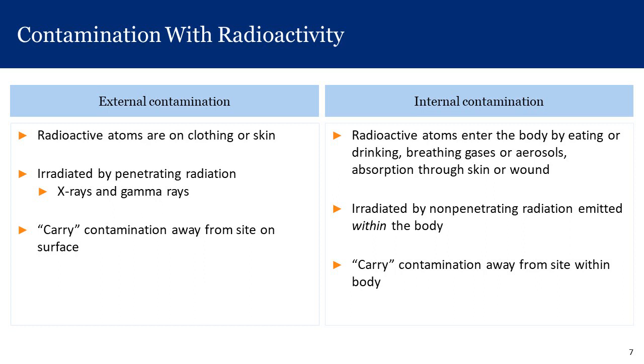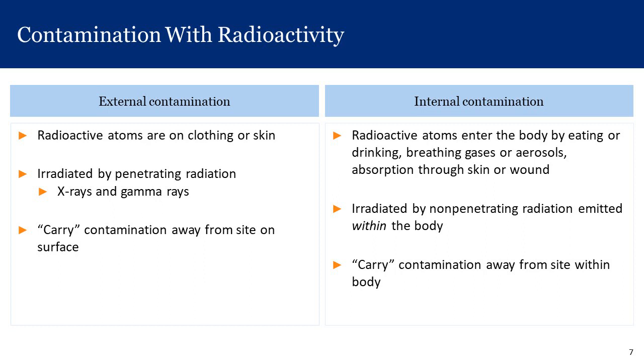There are two different categories, broadly speaking. There's external contamination, where one who's exposed to ionizing radiation from, let's say, a dirty bomb event, would carry radioactive atoms on their clothing or skin. One can also theoretically be irradiated by penetrating radiation. As we described earlier, gamma rays are the most penetrating.